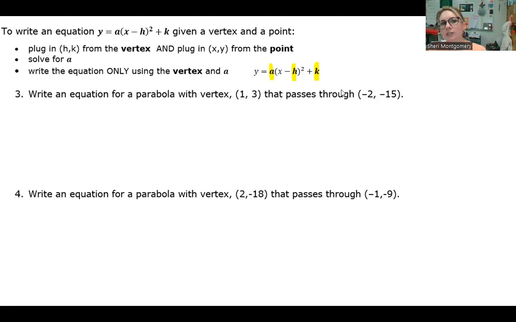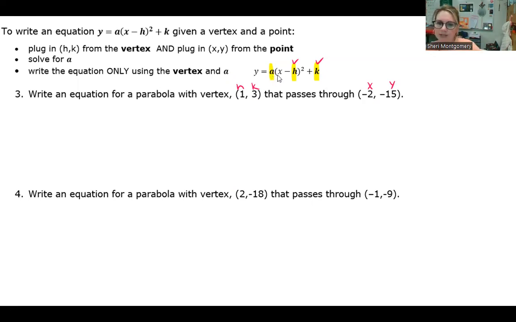If all you're given is a vertex and a point, you have two of those things. You have H and K, but you don't have A. A point doesn't give you A. A point just gives you another X and Y. So we're basically going to have to solve for A, and then we can write something in vertex form.